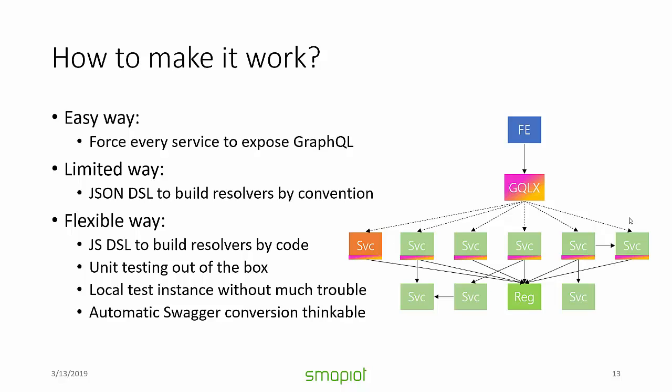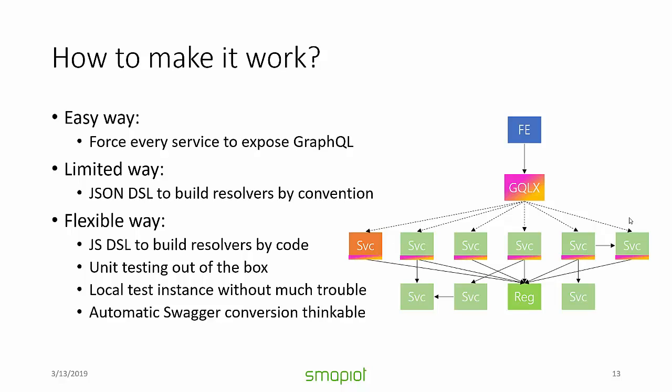Furthermore, we get abilities like unit testing out of the box, because at the end, such a DSL would introduce custom functions, for instance, for performing a GET request, and that can be very easily mocked away. So we can actually test this quite simply.